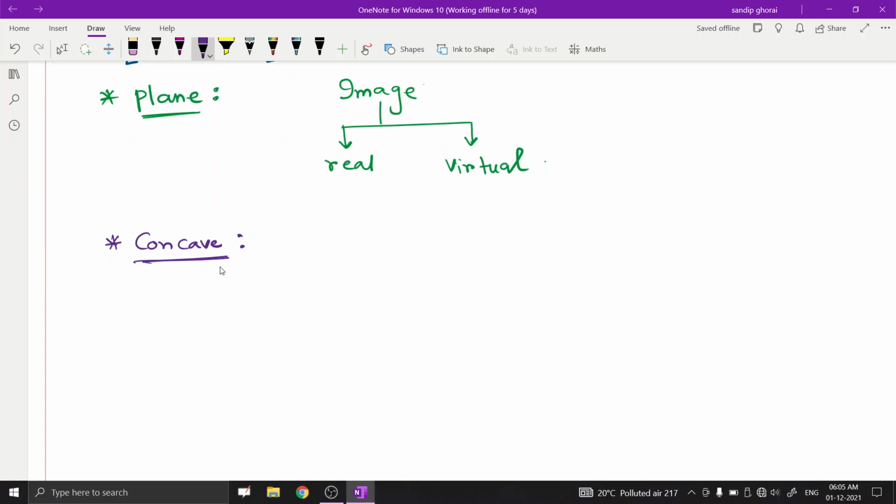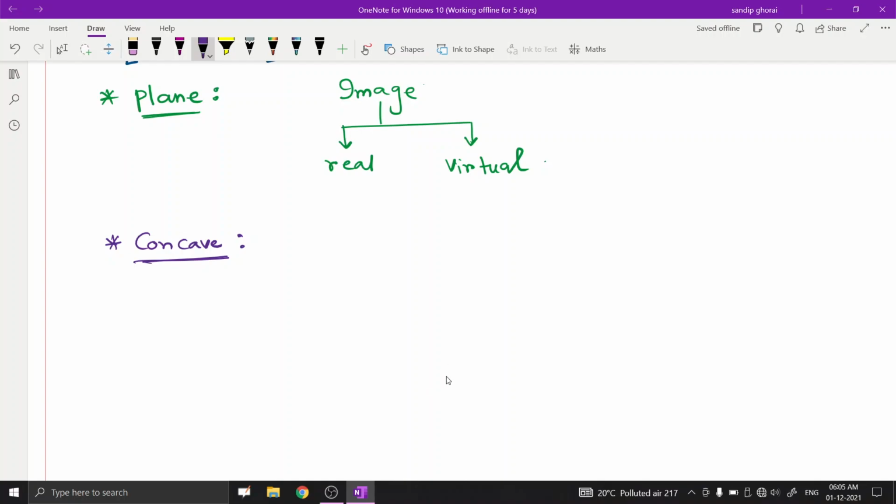These are the common terms related to convex and also concave mirrors, and we already know the definitions of these terms, so we don't discuss them here. Just to clarify, the characteristics of the image depend on the position of the object.